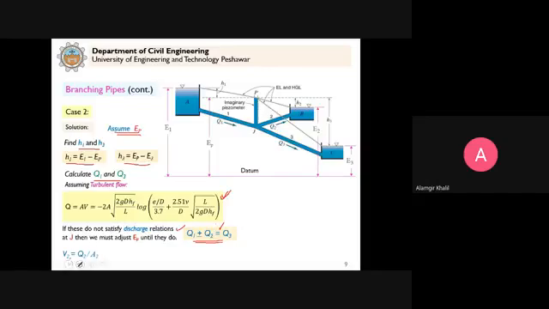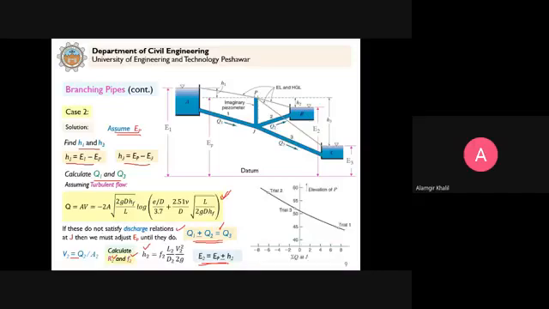So you can calculate V2, Q2 is given. Then we can calculate R2 and F2, Reynolds number and friction factor, and we can calculate H2. And then for the given case, we can calculate E2.